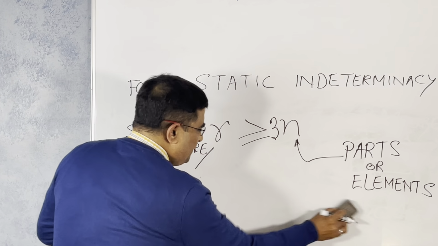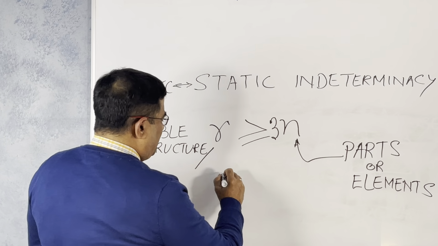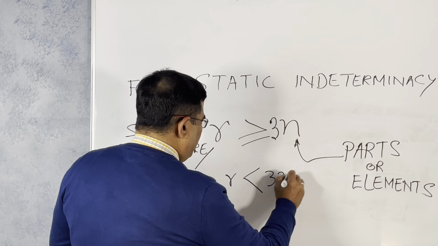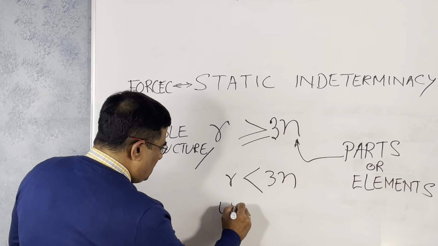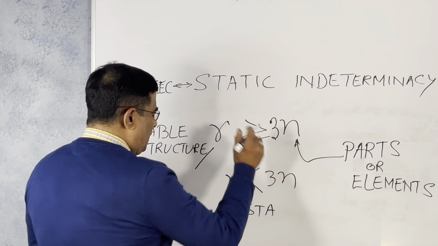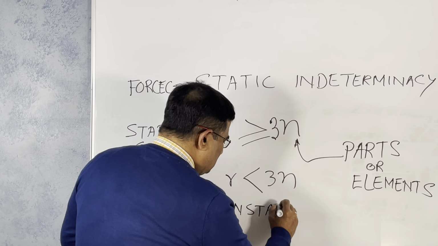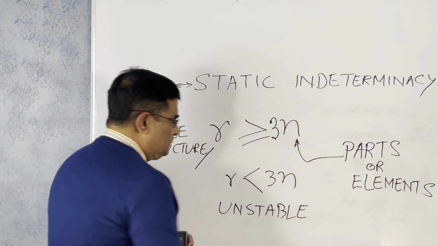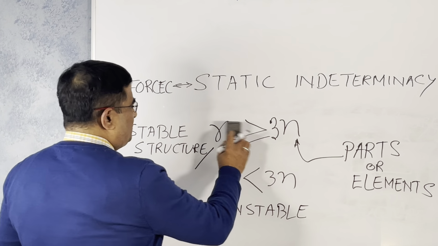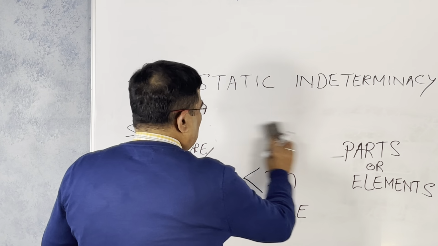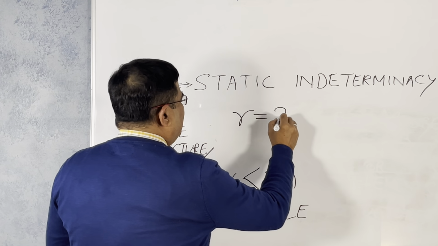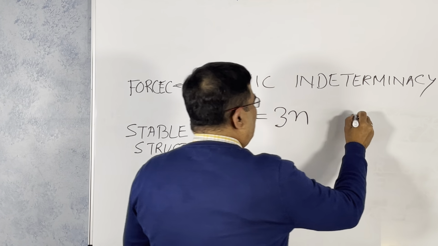And if your R is less than 3N, it is unstable. I will explain what N and R are. But out of this, if R equals 3N, it is a determinate structure.